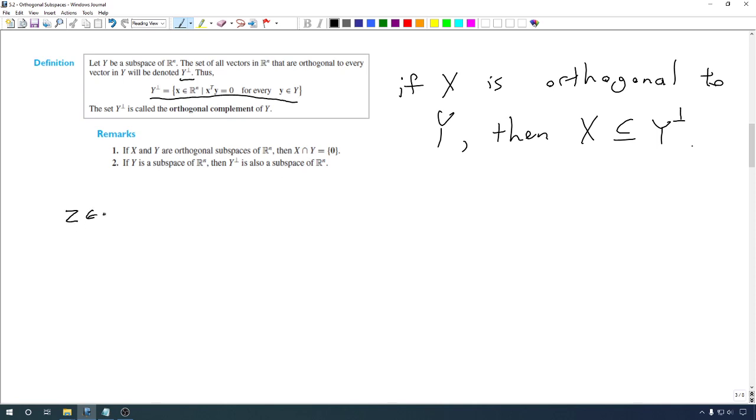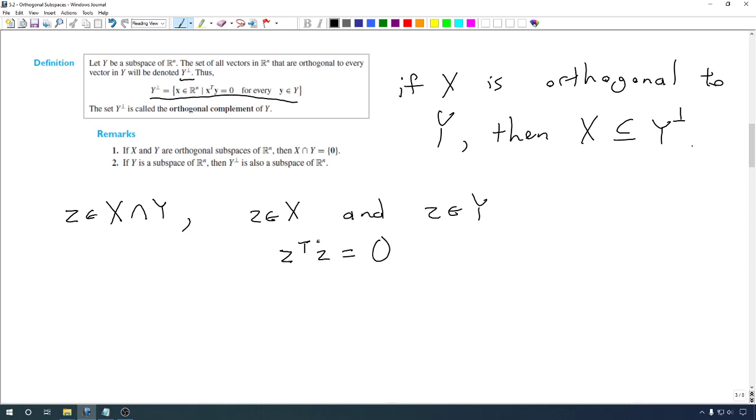If z is in that intersection, then what does that mean? That means z is in x and z is in y. That's what the intersection means. Because if we take something in x and something in y, they have to be orthogonal to each other, z has to be orthogonal to itself.